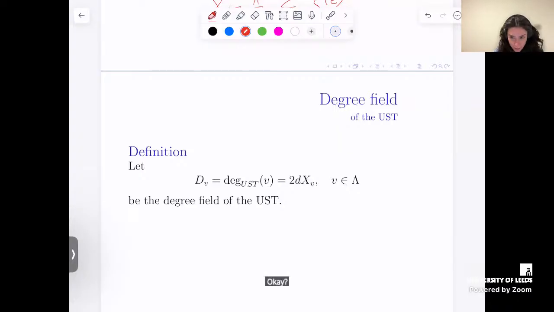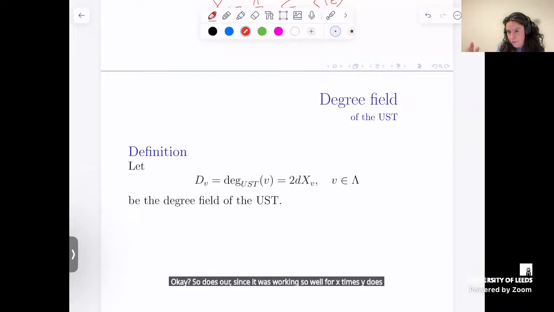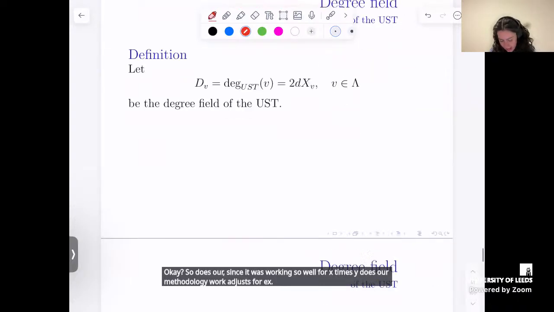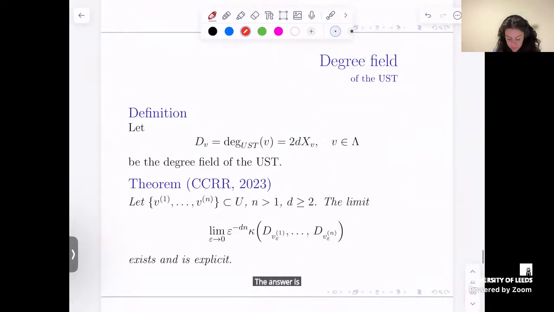So since it was working so well for x times y, does our methodology work just for x? The answer is yes.